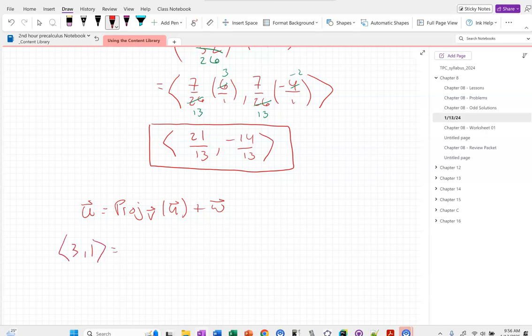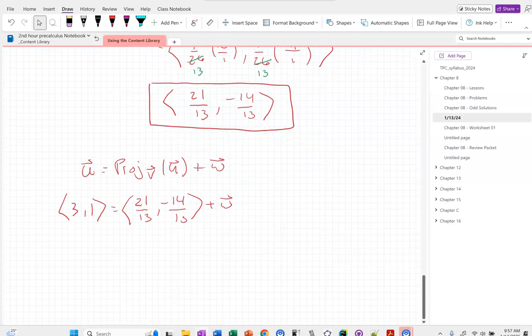It was given to me in the problem. We know the projection of u onto v. We just calculated that. So we can solve this equation for W.